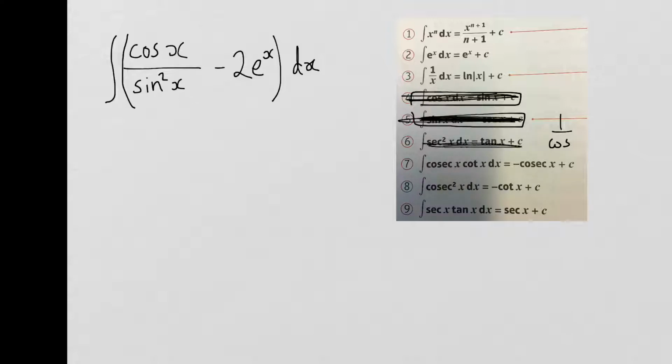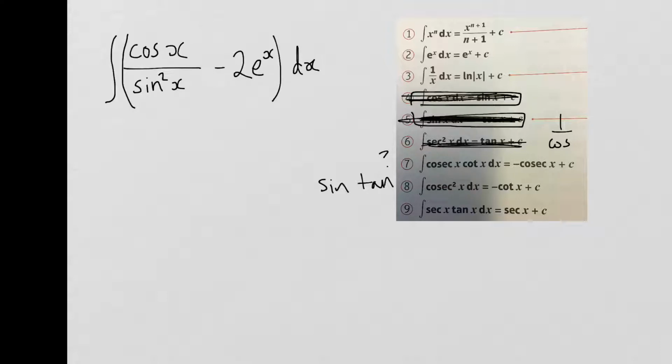Then I'm going to have a look at the next one, so cosec x cot x. That's something that involves a sine, and then the cot we know involves a tan. Having a look at this, that could potentially be something that we work with. The next one is cosec squared x, which we know is 1 over sine squared x.